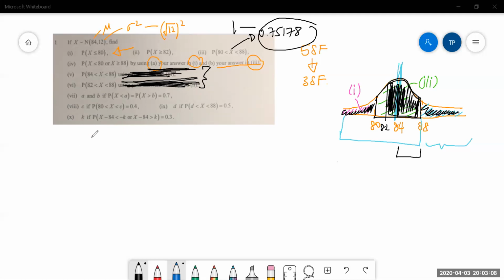Now we look at part 7. We need to find A and B considering this. Probability of X lesser than A is equal to probability of X greater than B, and is equal to 0.7. So when we want to do this, you want to draw the curve first.